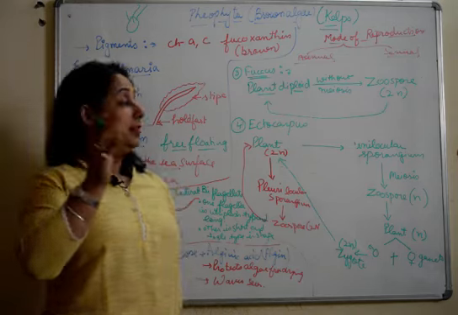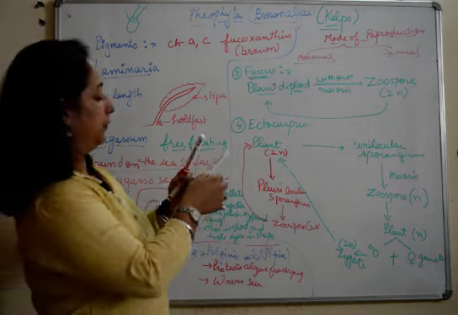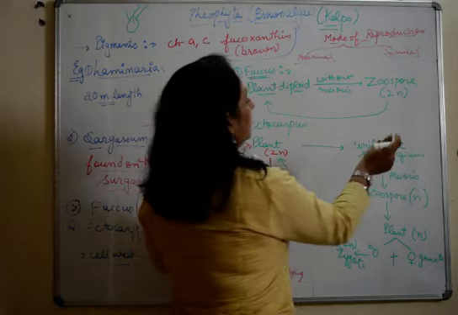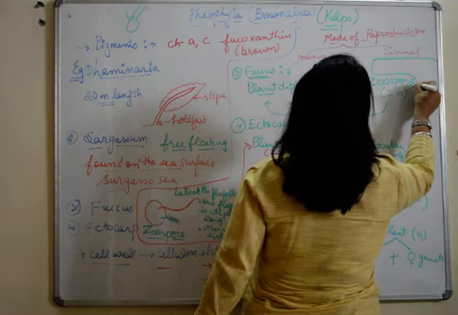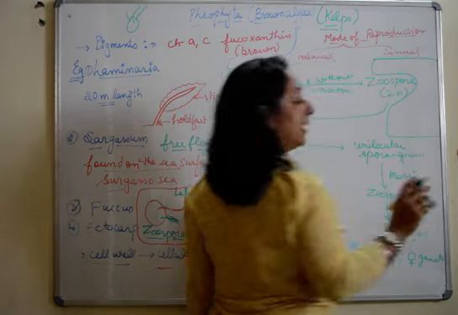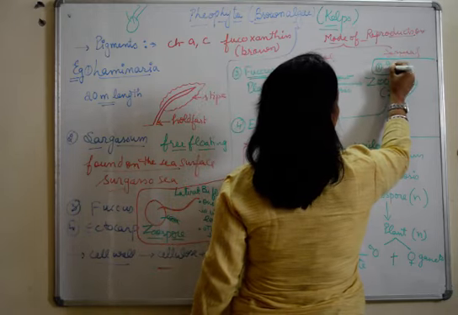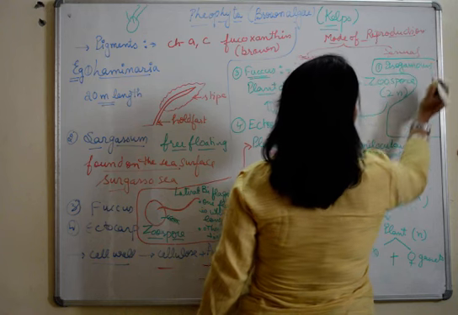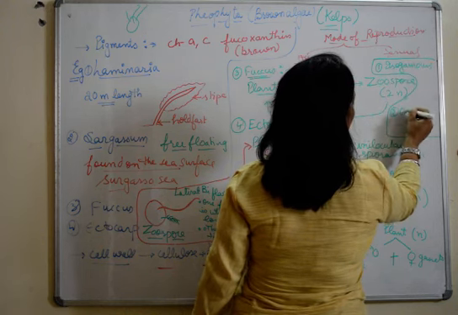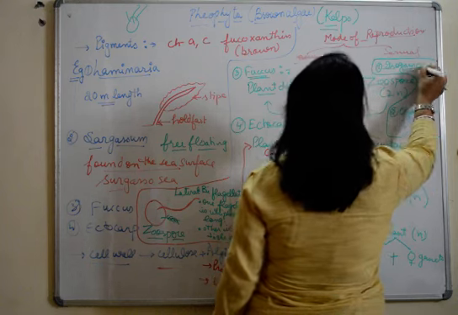Then this was the mode of asexual reproduction. We have discussed asexual; the sexual mode of reproduction is not very elaborate. Sexual reproduction can be isogamous or it can be oogamous. I have explained these terms in one of my videos.